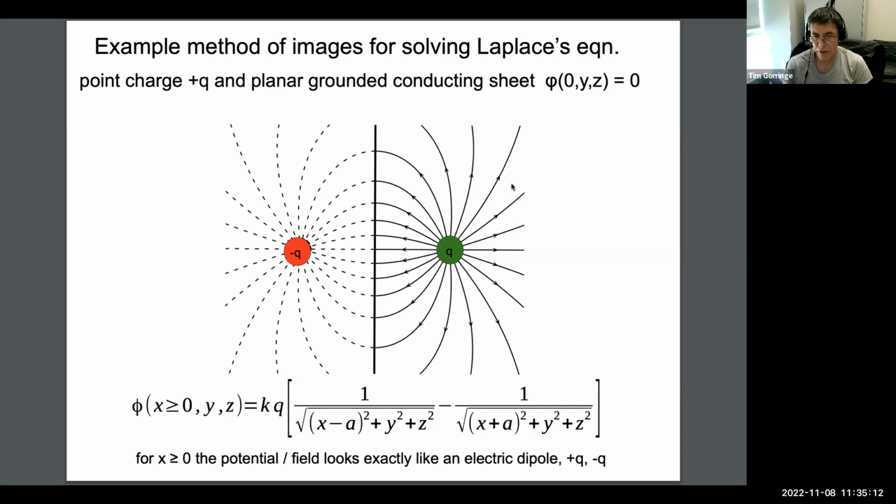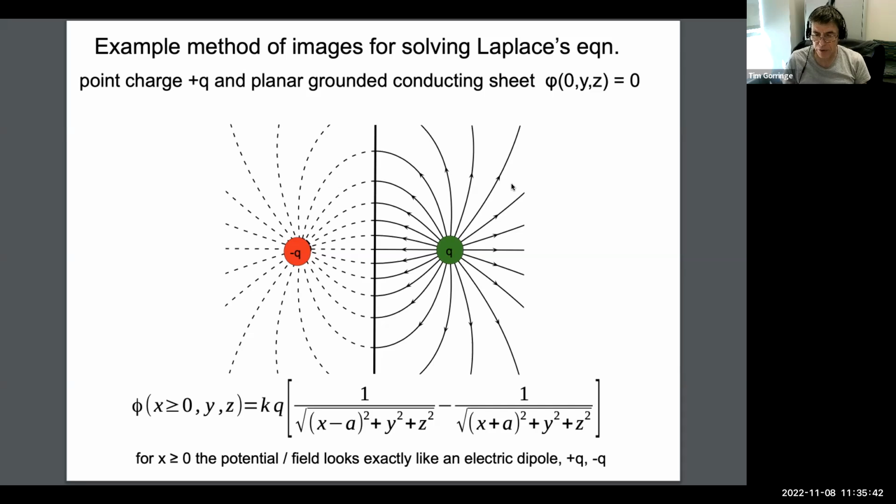So now I've got a slide on the method of images for solving Poisson's or Laplace's equation. I've got a couple of slides on the separation of variables for solving Laplace's or Poisson's equation. The purpose of these slides is to remind you of methods you already know for solving Laplace's or Poisson's equation.